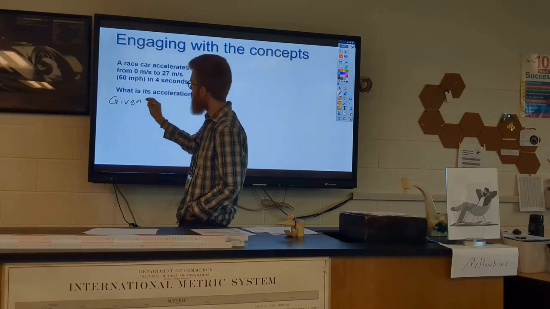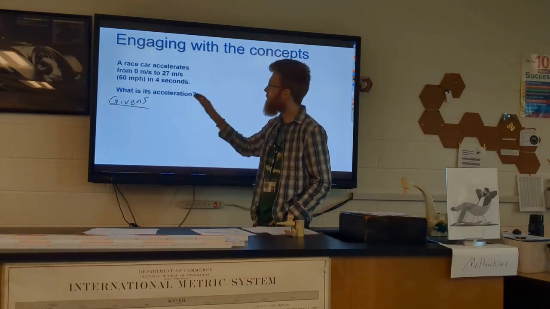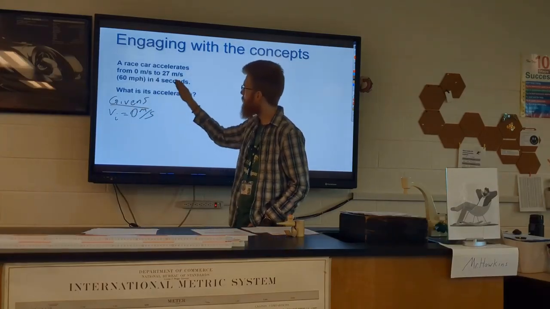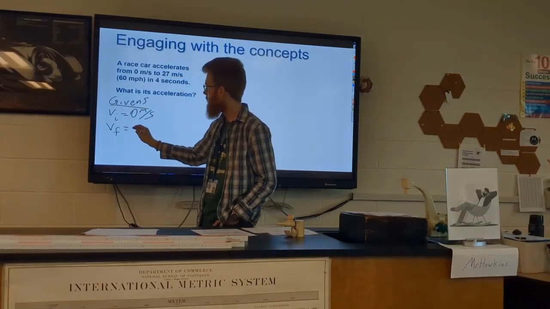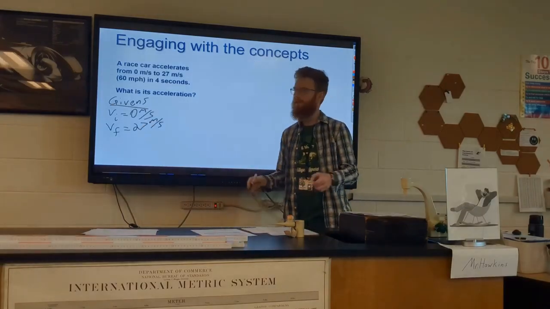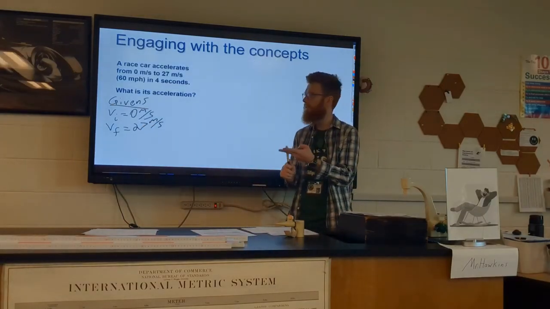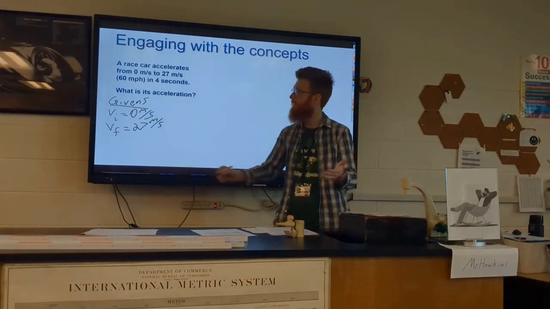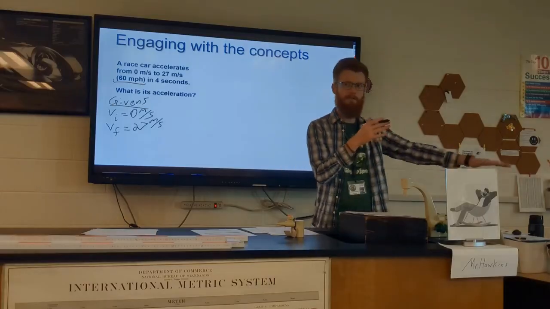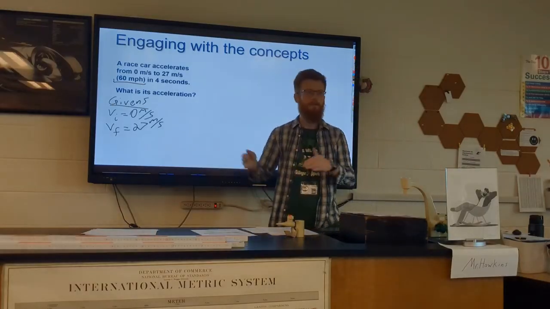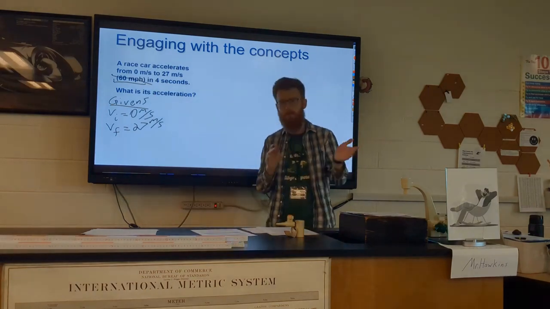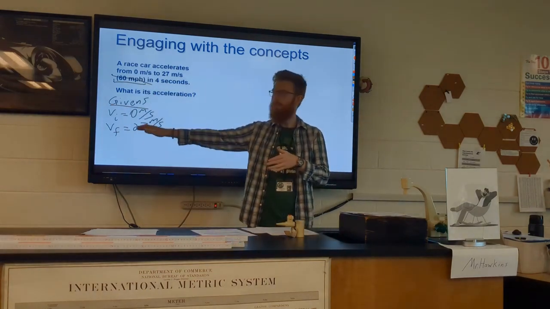So if I was going to go through the process, list my givens, race car accelerates from 0, so my initial is 0, to 27, final is 27. One bit of possible confusion is they then told us that 27 meters per second is the same thing as 60 miles per hour. This book and these questions were written for us Americans, so occasionally they like to let us know a reference point, but we're not actually going to use this number because all of our equations assume we're sticking with the scientific units.